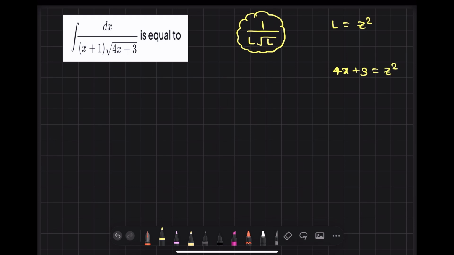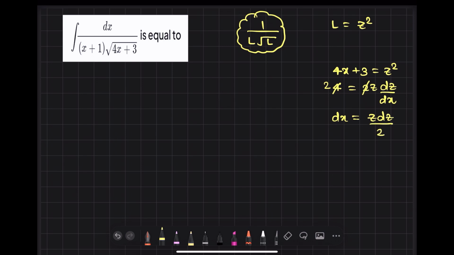After taking z, you know that we will go with the differentiation. So differentiation of 4x is 4 and differentiation of z square is 2z dz by dx. You can simplify things and we will be having dx as z dz by 2.